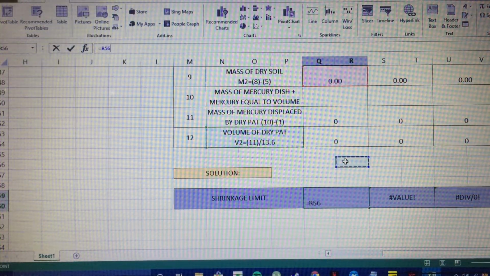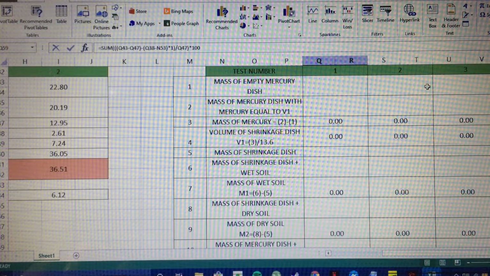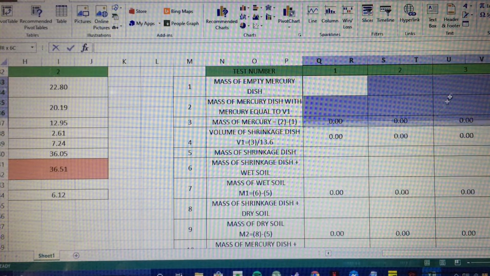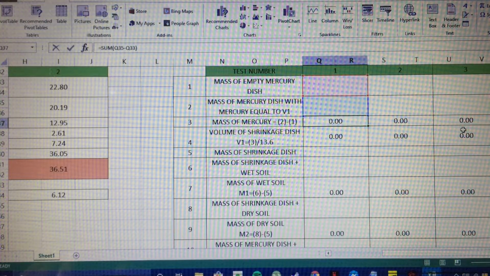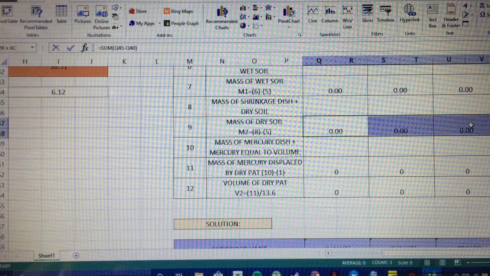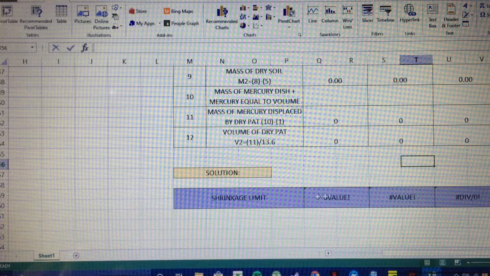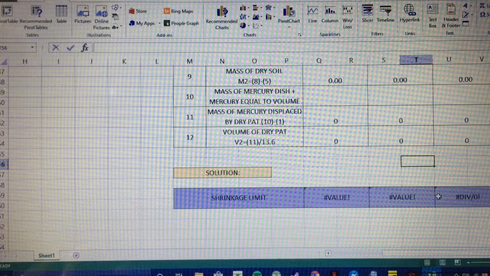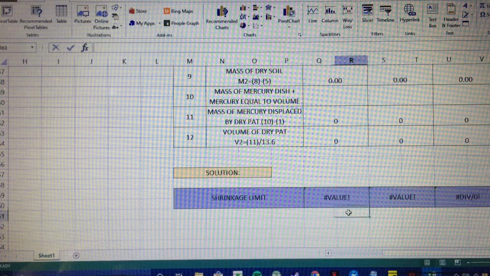So, kapag nilagay na yung data dito sa mga blank space, automatic na lalabas naman yung tamang values dito sa may mga zero na cells. Then after that, lalabas na din ang answer dito. So, yun na nga. So, that's all.